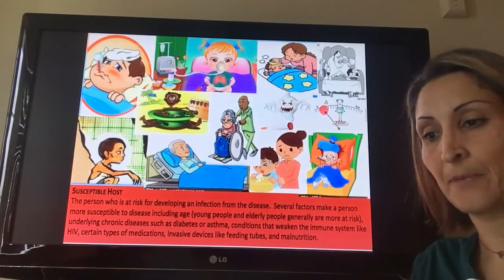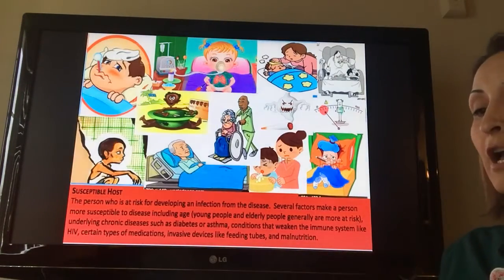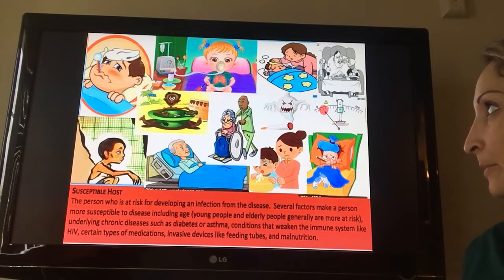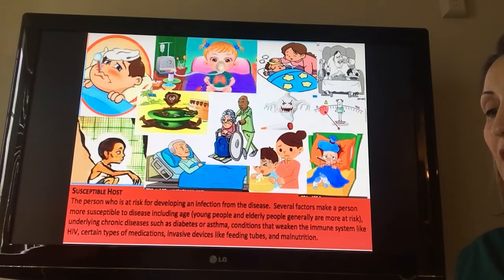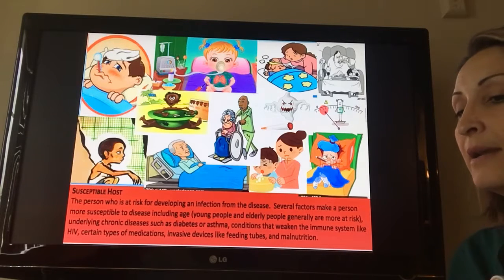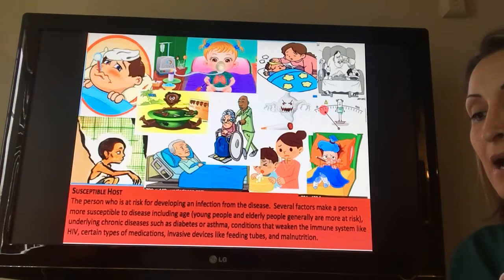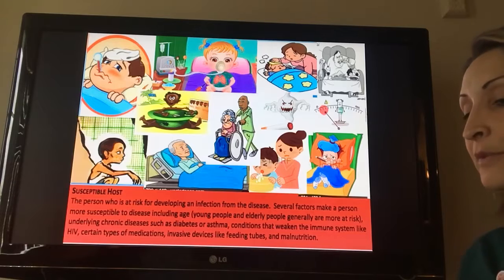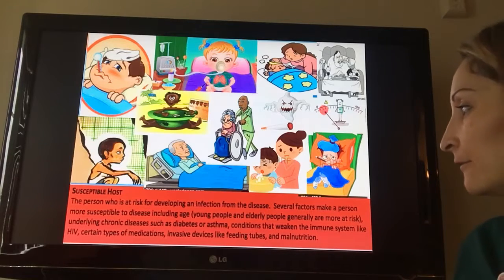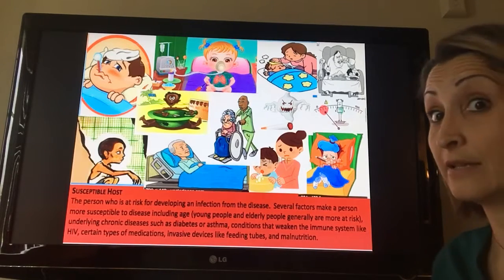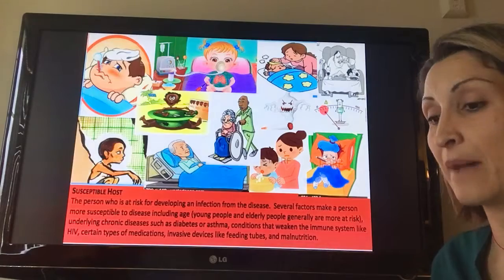Infants, elderly, ill, debilitated people, and children who are not immunized or have an undeveloped immune system are more susceptible to contracting that disease or pathogen.